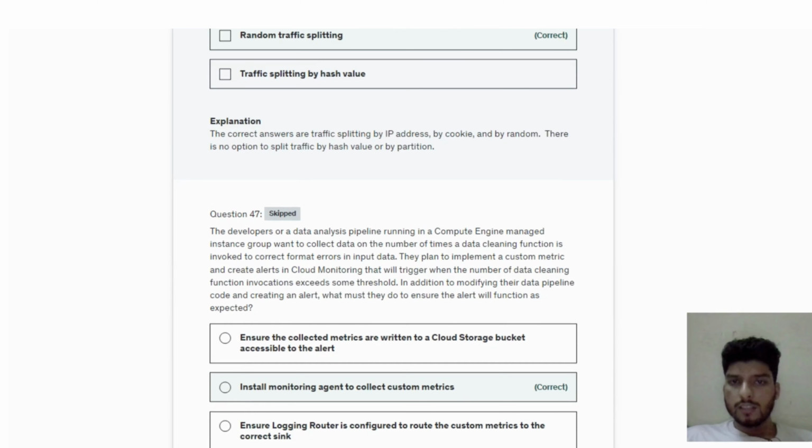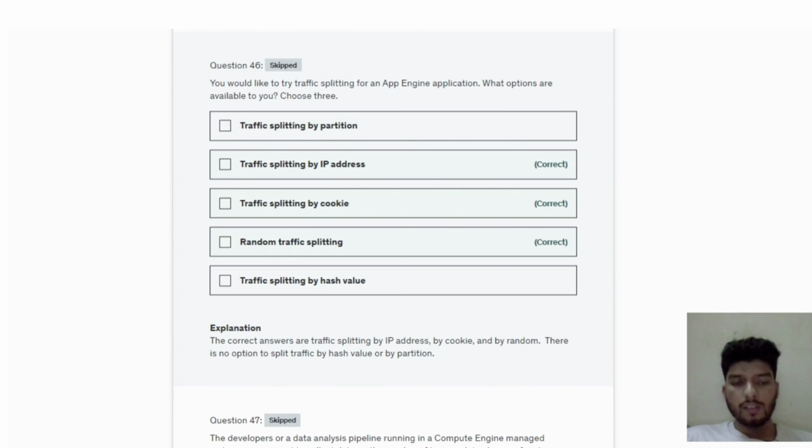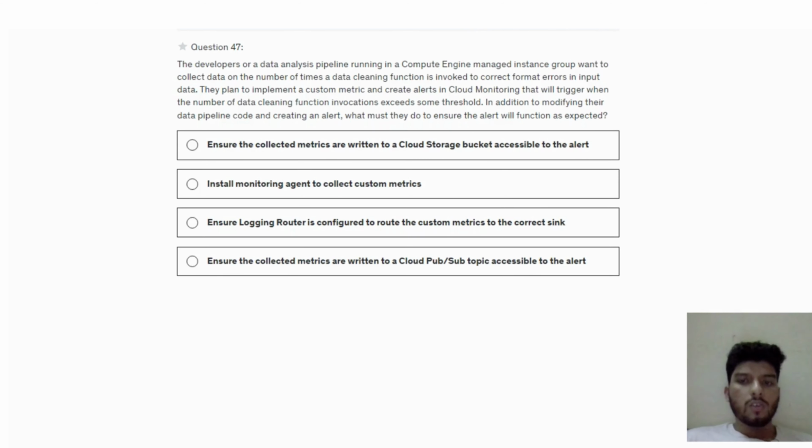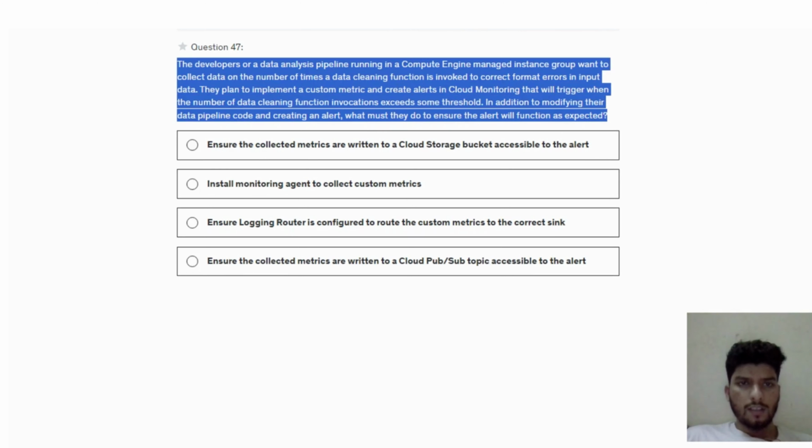So question 47. Here is question number 47. You have to select the right option. Ensure the collected metrics are returned to the Google Cloud bucket accessible to the alert. Install monitoring agents to collect custom metrics.